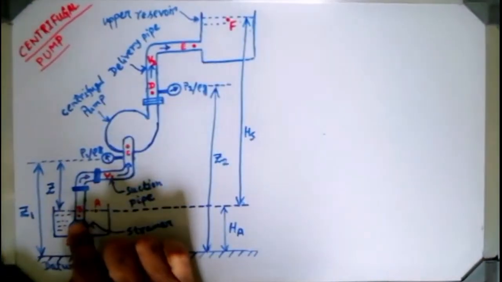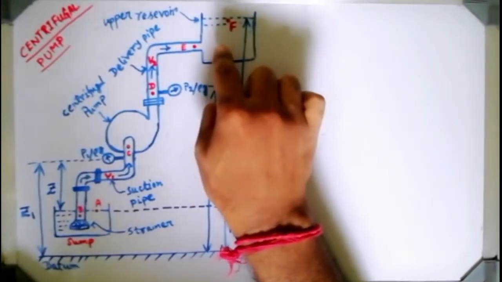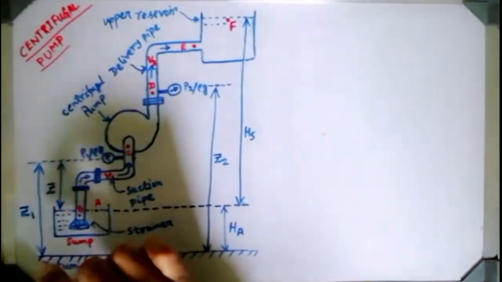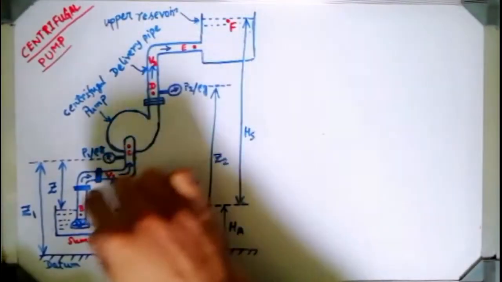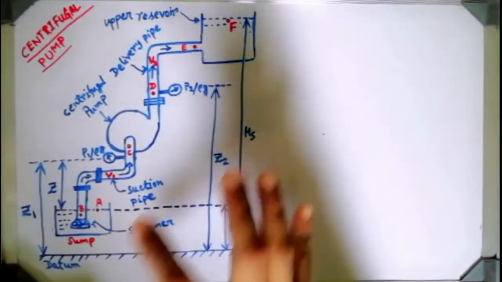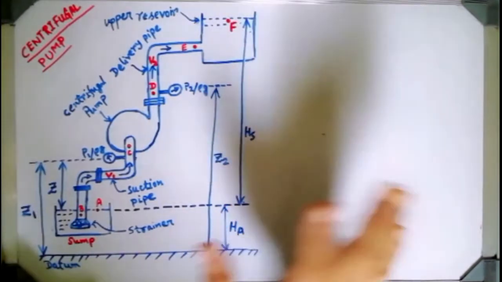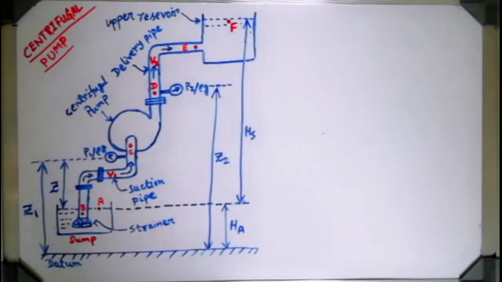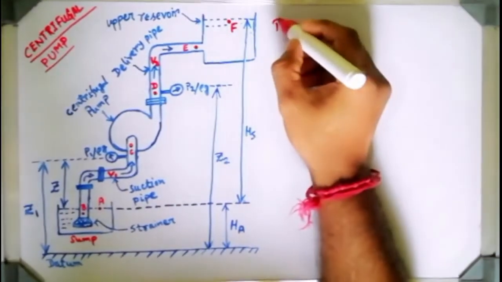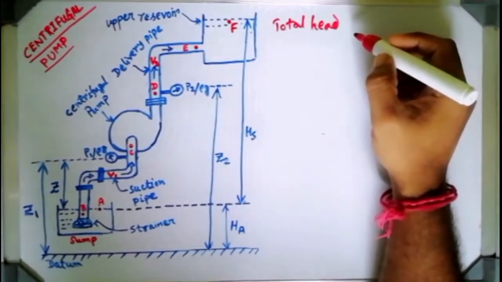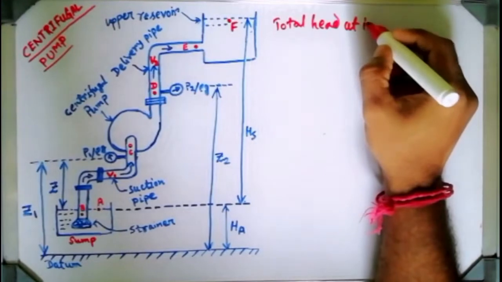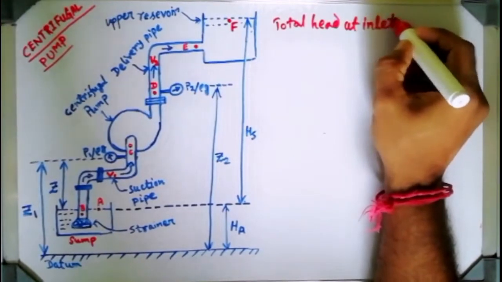One is entrance loss, one is exit loss. The entrance loss, exit loss, and friction loss of the pipeline are all going to be accounted for in this particular case. First find out the total head. Step by step we will move forward. If you have any confusion, any point, please tell me.